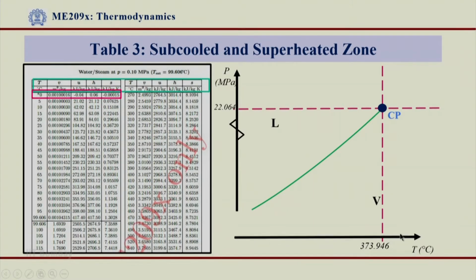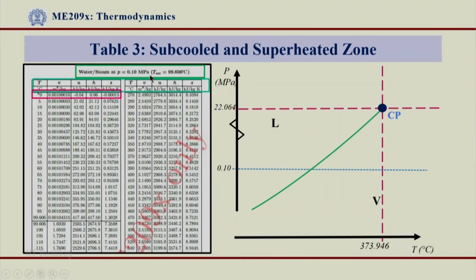Now, this is our PT diagram, and with reference to this PT diagram, we can understand what is shown in this table 3. As I have shown here, this page is for pressure equal to 0.1 MPa. So, I just draw a horizontal line here for pressure equal to 0.1 MPa. This page gives the properties of all the states that lie on this line. Also see here in the title is given the Tsat value. This is the Tsat value at 0.1 MPa.